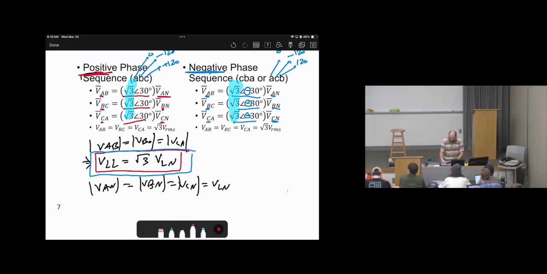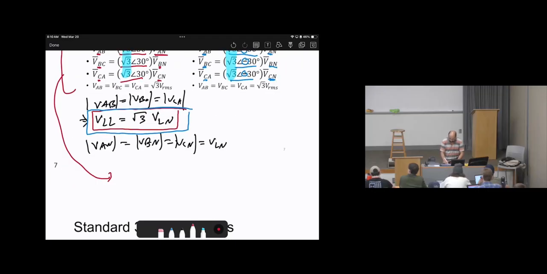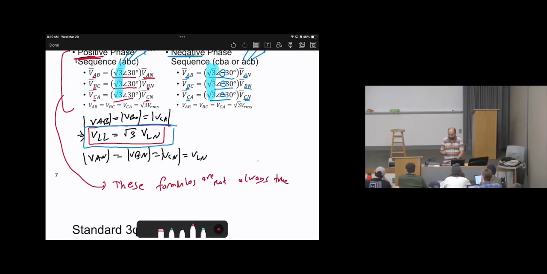Again, these formulas are not always true. So there will be some conditions.